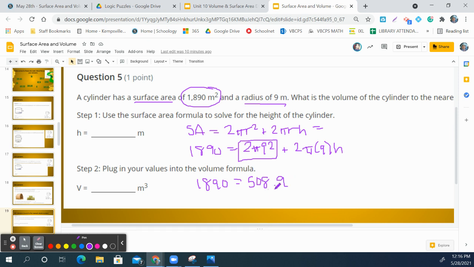Okay, so this decimal is going to change a little bit because we're using pi. And then can I put in 2 times pi times 9? Should be something close to 50 maybe. Then can you solve this for h? You'd subtract 508 from both sides.